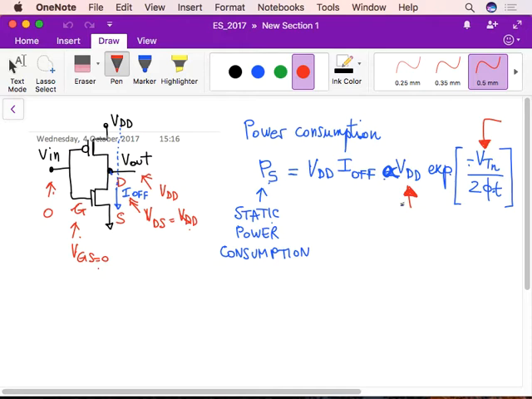Now, let's consider a bit the dynamic power consumption. That is a quantity that you should already know, but I need to very quickly recall the basic things. The dynamic power consumption is the power consumption that we have when the logic gate switches. So let's look at it.